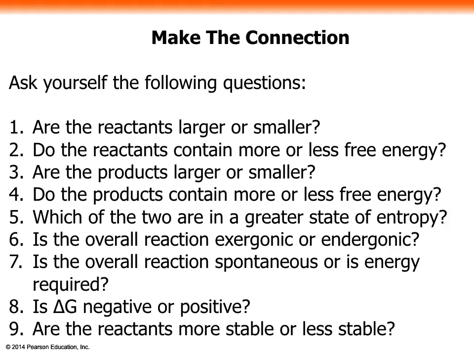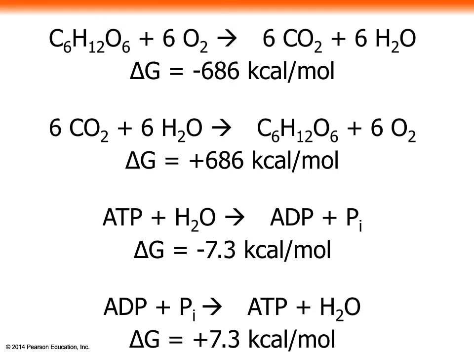The answer is less free energy. They're smaller. Which of the two are in a greater state of entropy, the reactants or the products? Well, there's that word again, entropy. Entropy, disorder. Where do you have more disorder, on the left-hand side or the right-hand side? The answer is the right-hand side.